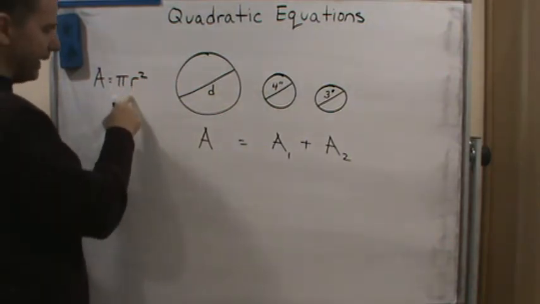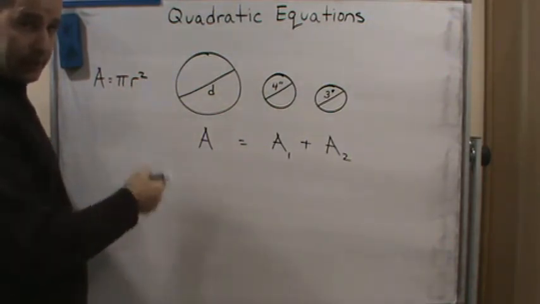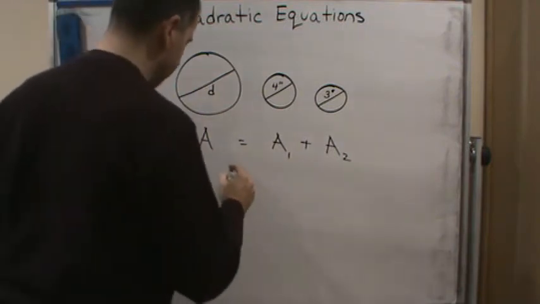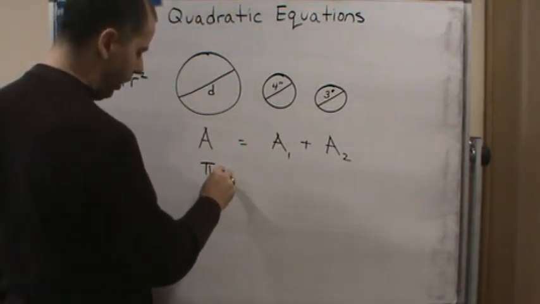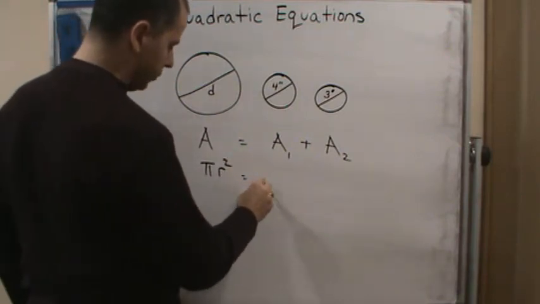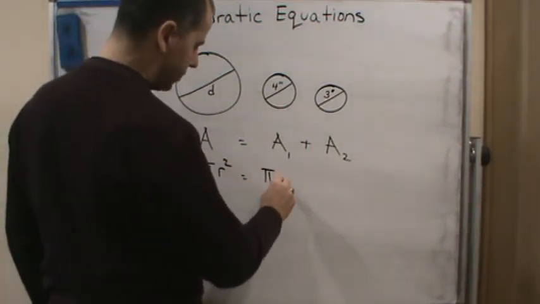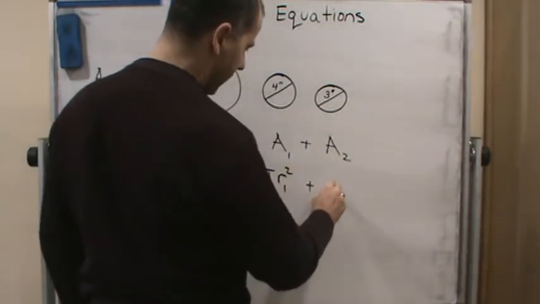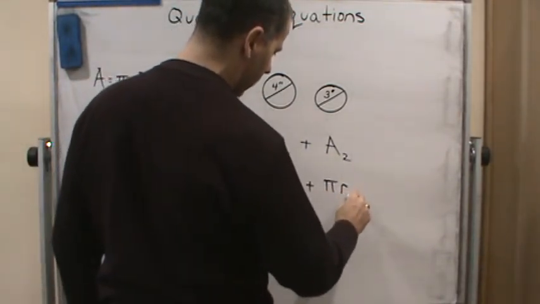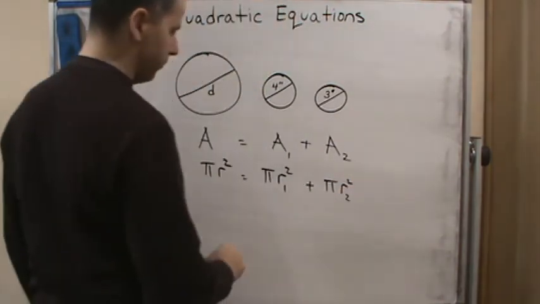If we find the radius, then we just double the radius for the diameter. So let's do that. So this is going to be pi r squared is equal to pi, and let's call this r1 squared plus pi times r2 squared.